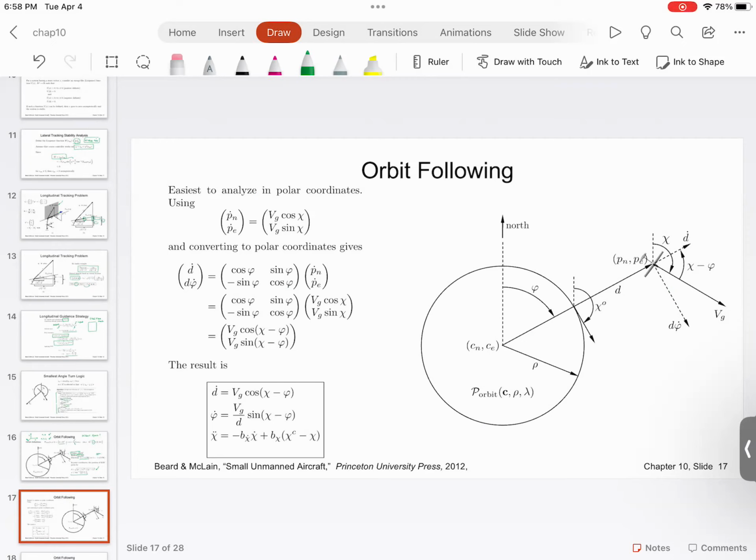So from an engineering point of view, I'm going to make sure that my heading is continuously changed so that I go from the previous point on the perimeter of the circle to the next point on the perimeter of the circle, maintaining my heading, which is perpendicular to the normal.